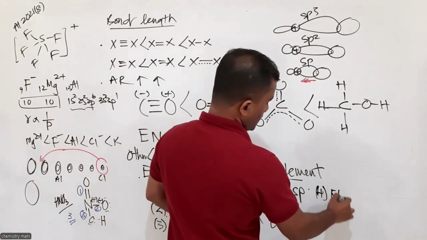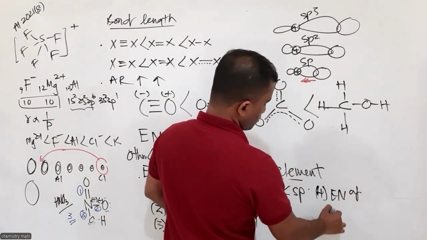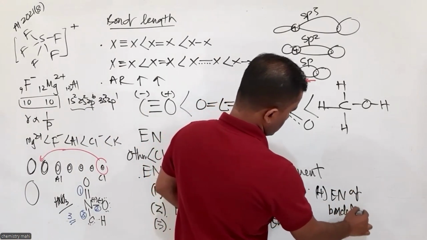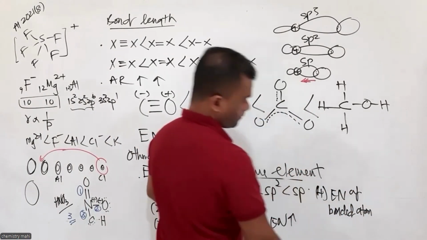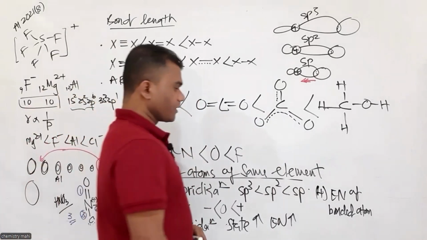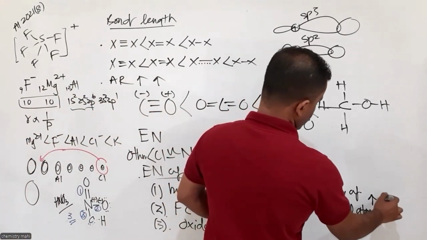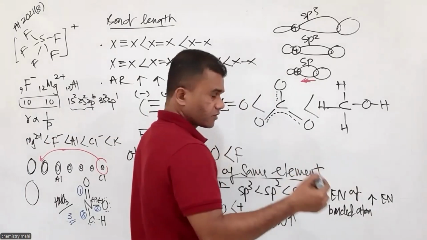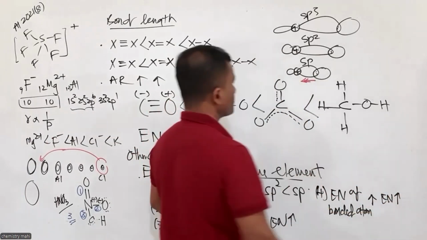The other factor is the electronegativity of the bonded atom. When the electronegativity of the bonded atom increases, the electronegativity of the atom we consider also increases. What's the meaning of that?